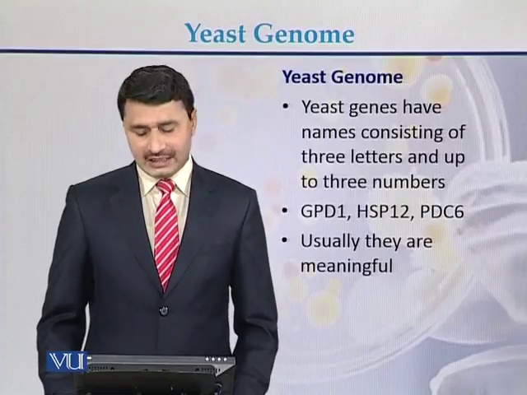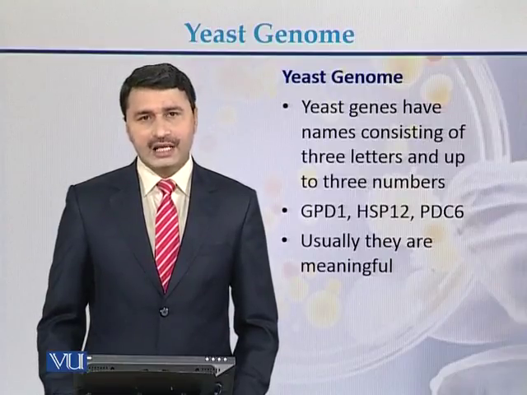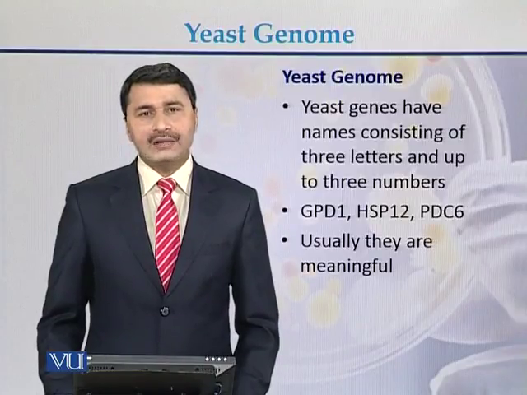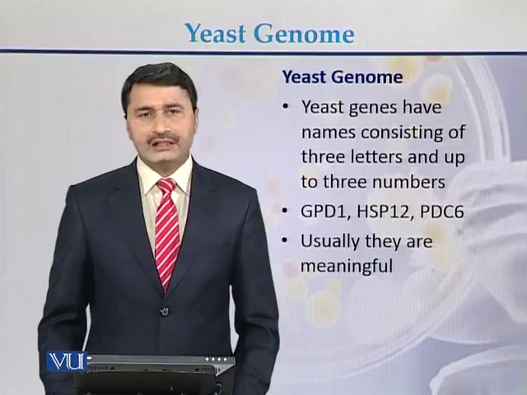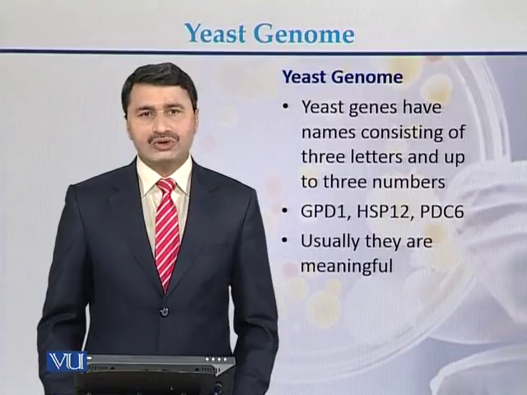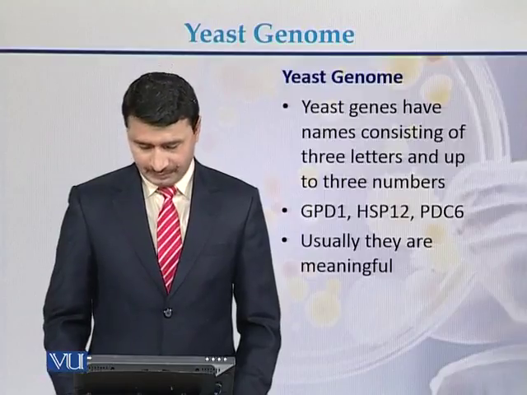Here we can see that there are 3 letters and 2 numbers. Usually these names are meaningful. They relate to the function of those genes or to the different pathways of the genome of yeast.